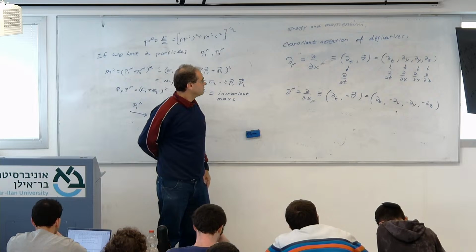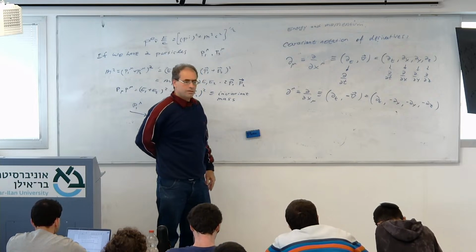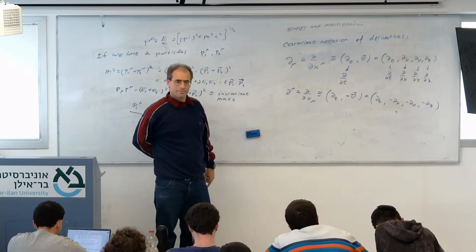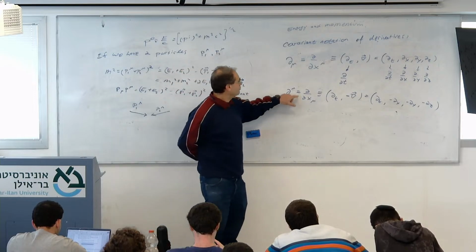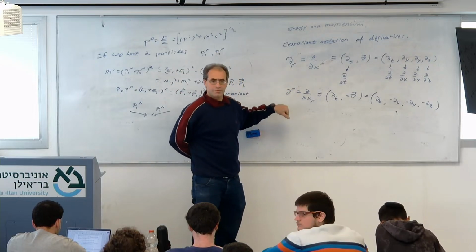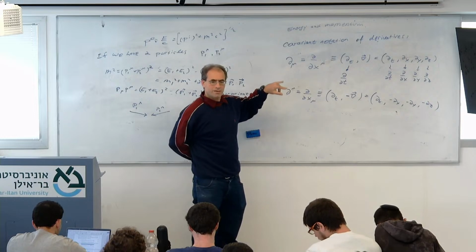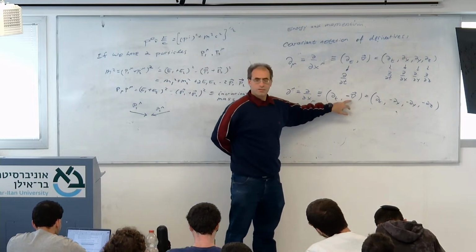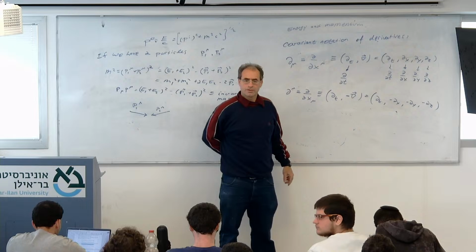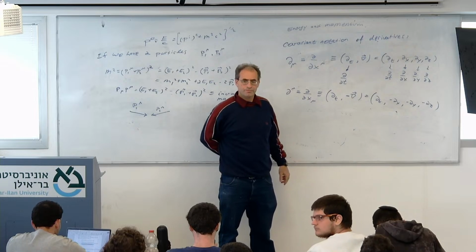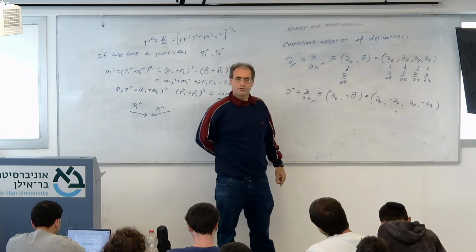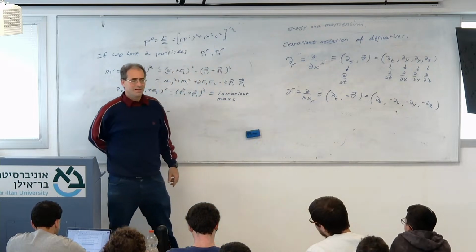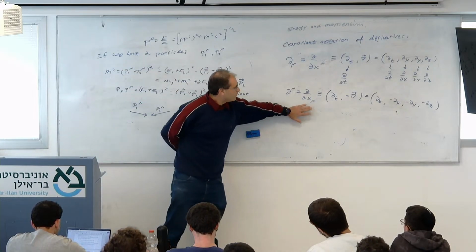Well, that's related to this matrix eta, the metric. How do we raise and lower indices using this matrix? We have this extra minus sign that enters into the spatial part of the derivatives. To learn more, come to the course in GR. Right now, we'll just memorize that. That's what we're going to use.